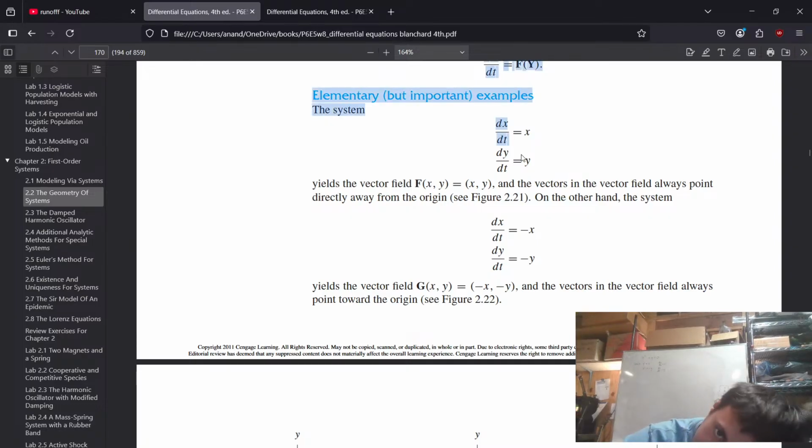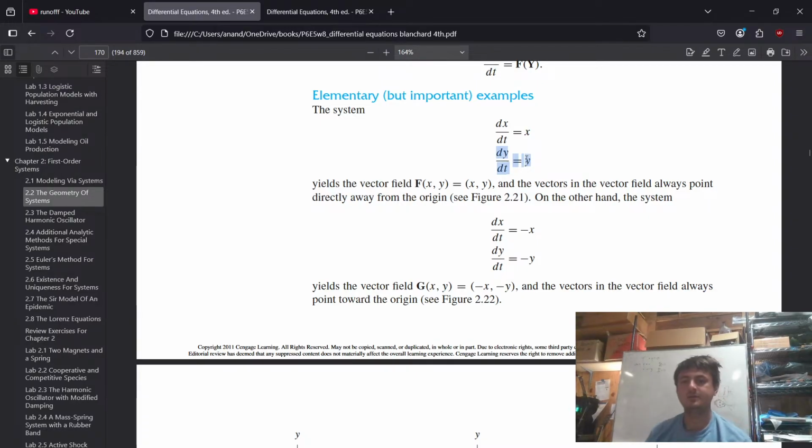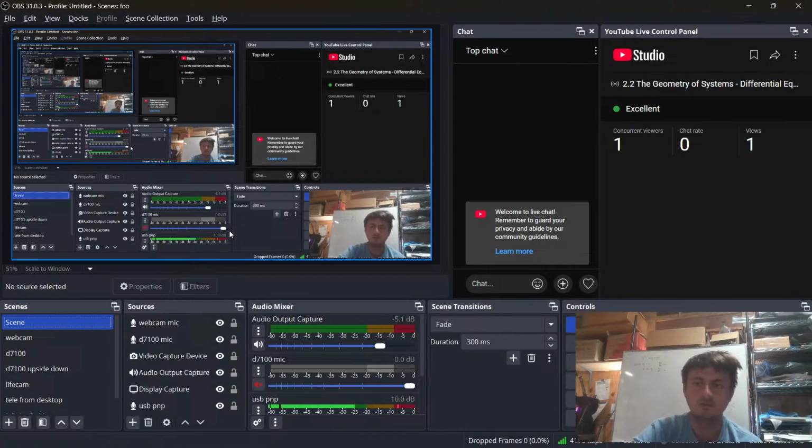Okay, so let's think about this simple example. So you're going to have e to the t here, right? And you're going to have e to the y here. So what does that look like? Let's just look at that.